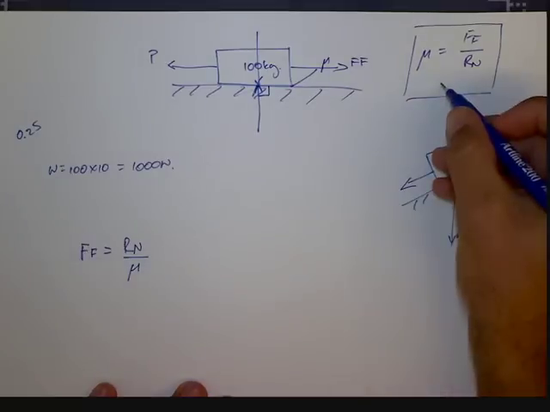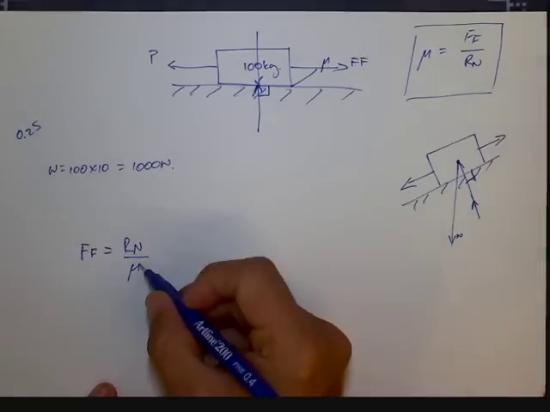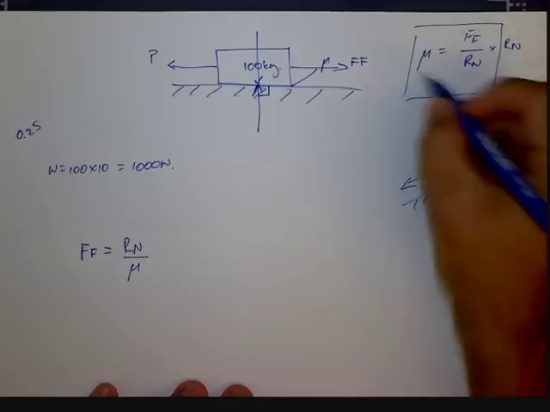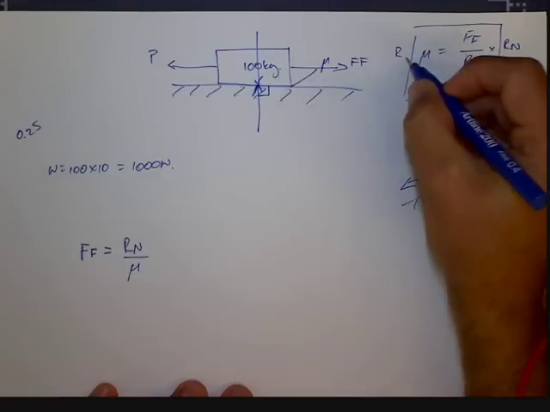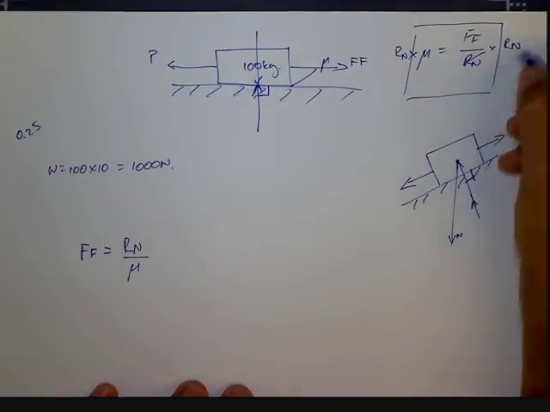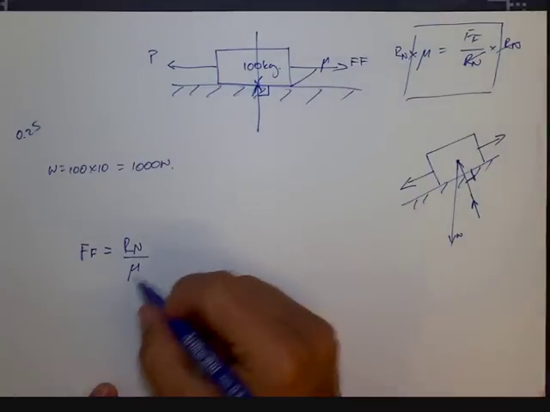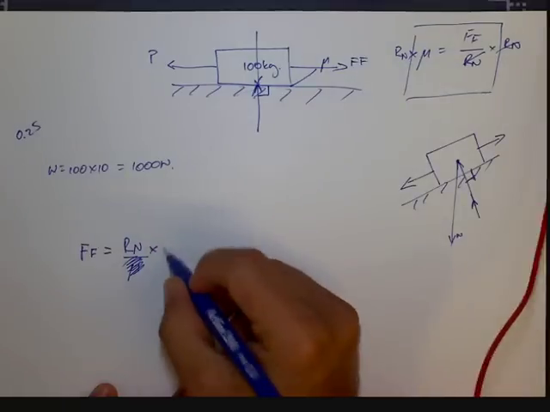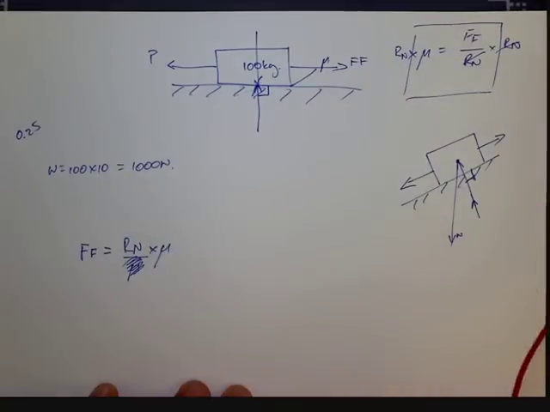I've just taken this formula and moved it around, multiplying both sides by Rn. And by doing that, I've seen I've made a mistake. It's not the reaction force divided by, it's the reaction force times the coefficient of friction.